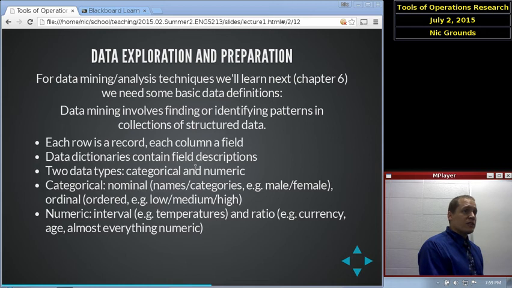That is, there's a defined inherent order to numbers: 1 comes before 2, comes before 3, and so forth. Numeric data is also useful and different in that you can talk about the difference between two values on a numeric scale. So you can talk about a GPA of 2 being less than a GPA of 3, but you can also infer some meaning about the difference between the two.